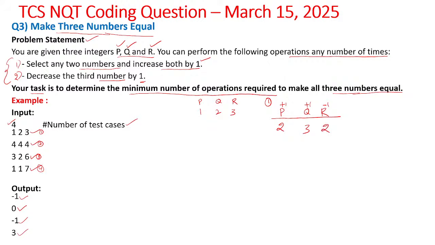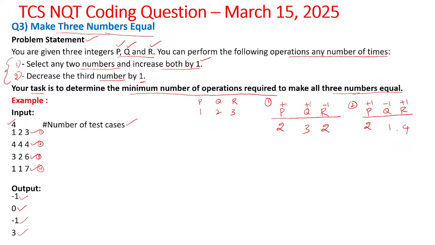Then the second possibility is you can increase P by 1, then R by 1, then decrease Q by 1. If you do this, P will become 2, Q will become 1, then R will become 4.